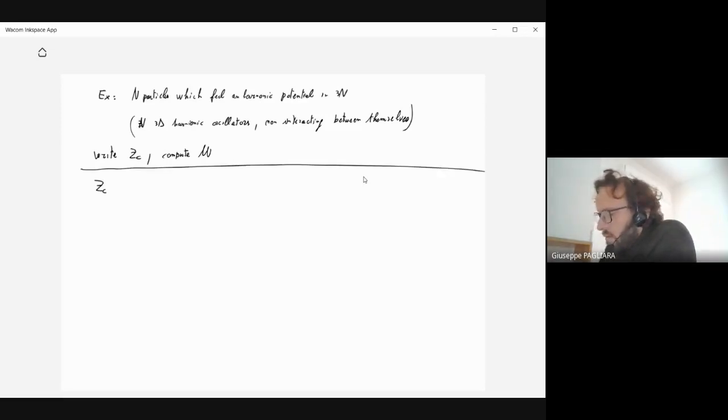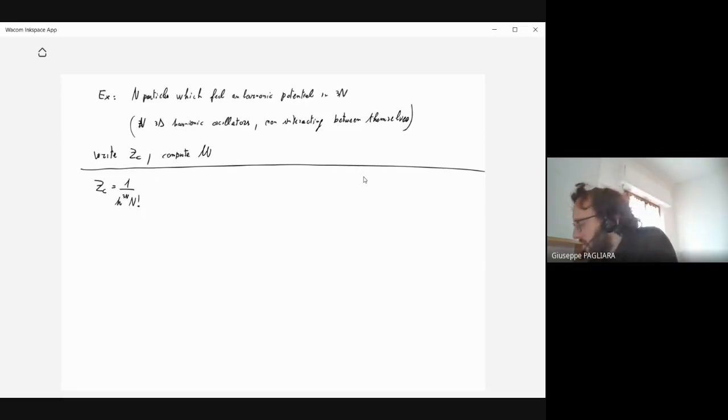Z_C is equal to, well, we have the usual normalization factor, which actually will not play any role, but let us remember that in principle we have those factors.